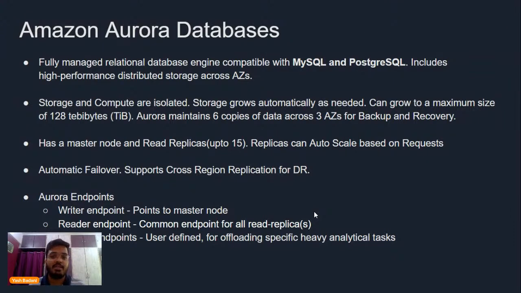Aurora intelligently routes your requests across the read replicas, and it can also auto scale your read replicas to make sure you get your data within the stipulated time or the SLA that you might have defined with your client. So that's what the reader endpoint does: it automatically spreads your reads across multiple read replicas, and it can also help you auto scale your read replicas based on requests.